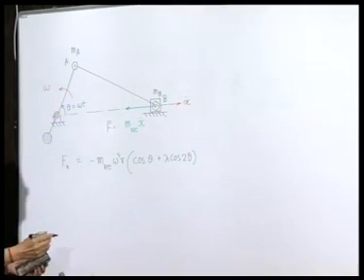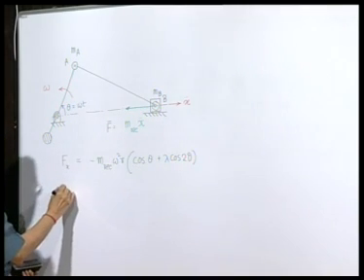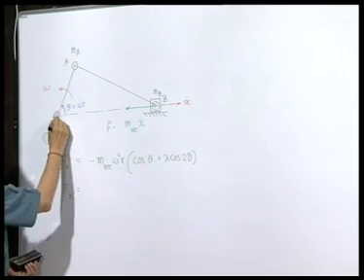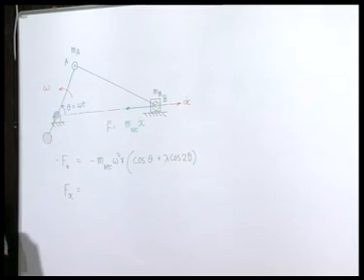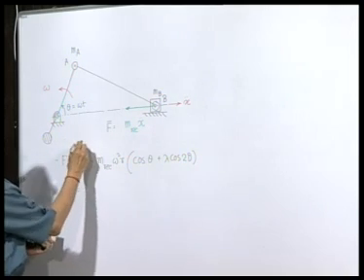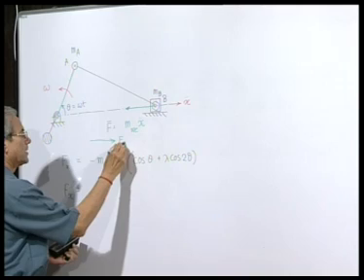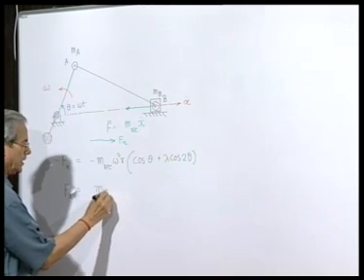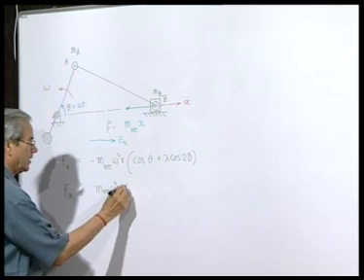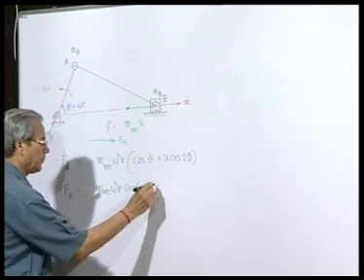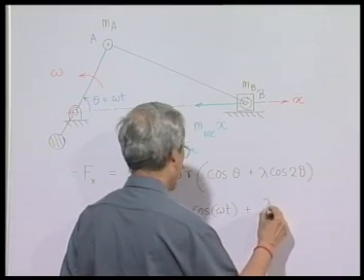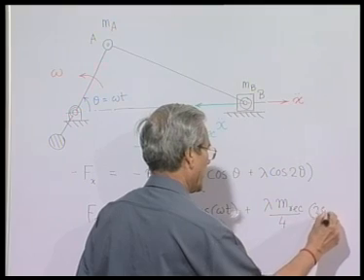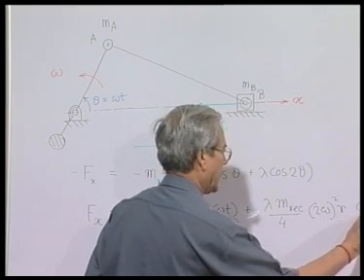Or in a way we can say that f x, that is the force acting on the whole system as an inertia force in this direction, is nothing but m reciprocating omega square r cosine omega t plus lambda m reciprocating omega square r cosine 2 omega t.